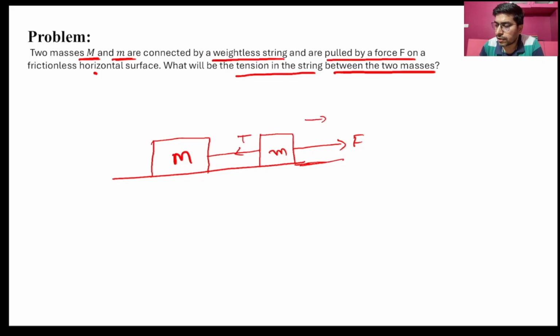Suppose the acceleration of this object is a. So we can write F minus T is equal to small m into a, right?